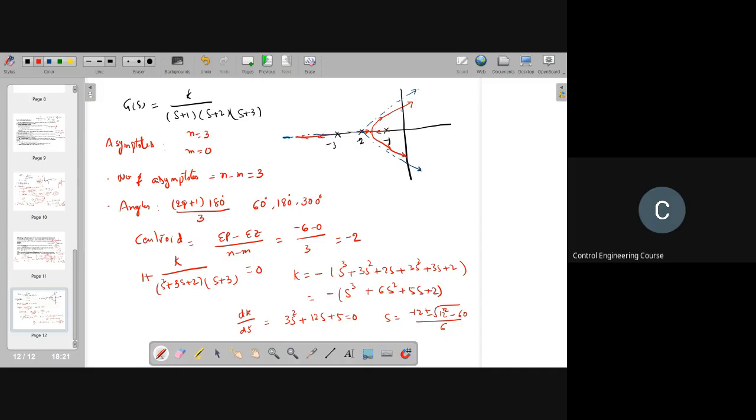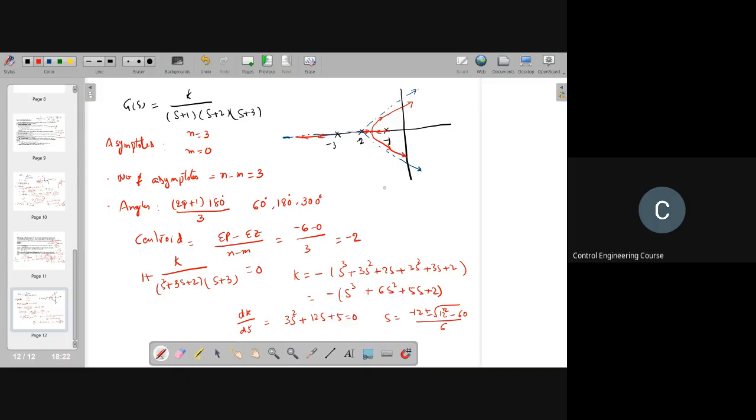The next one is crossing the imaginary axis. Then we need to find out at what point it crosses. For that, we have to construct a Routh array and then find out at what value of k it crosses.